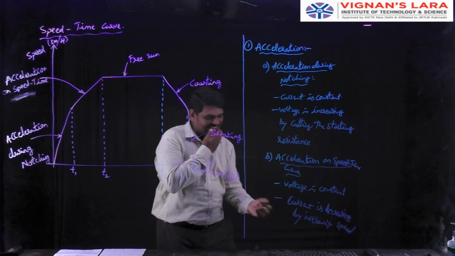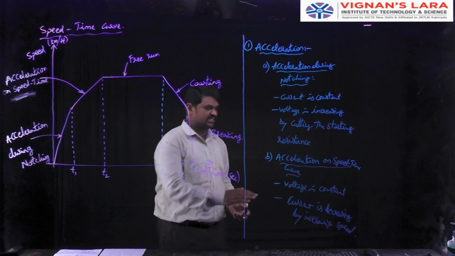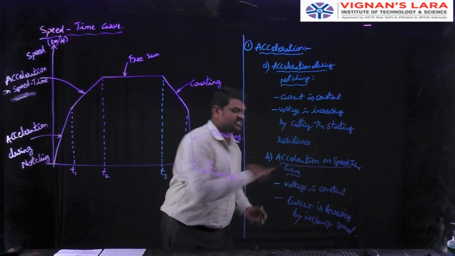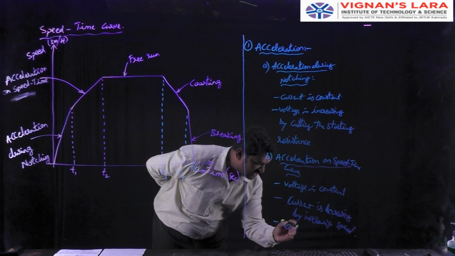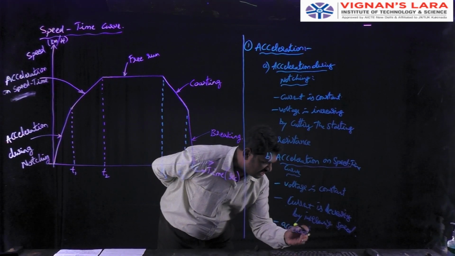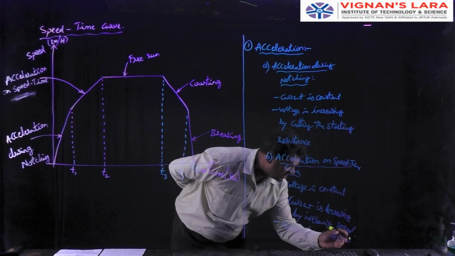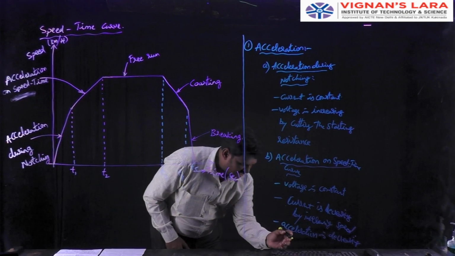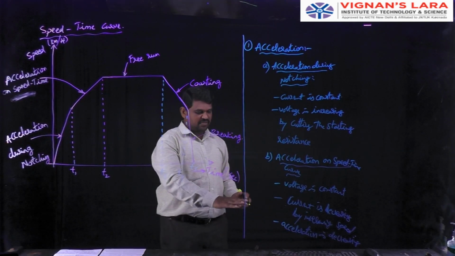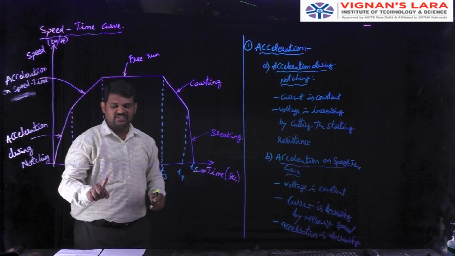So when we increase the speed, the current decreases, the voltage is constant, and the acceleration is decreasing. The acceleration will become zero at time t2.